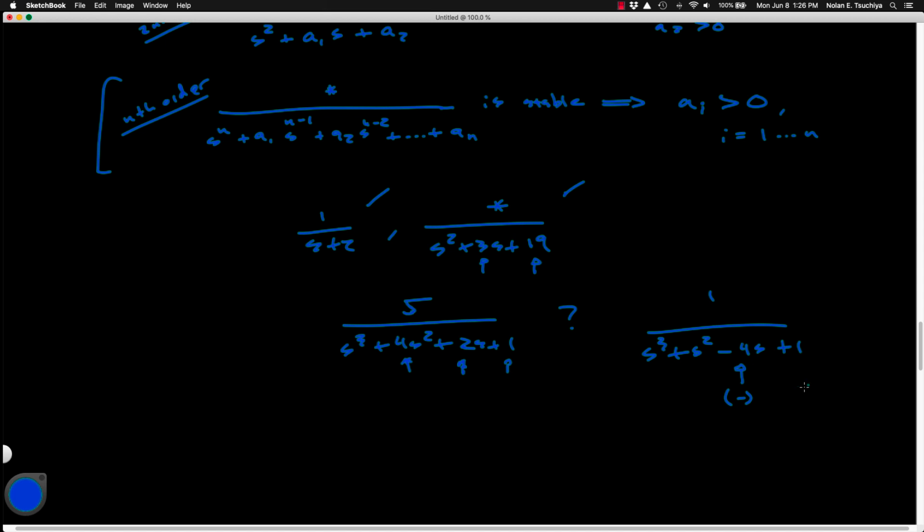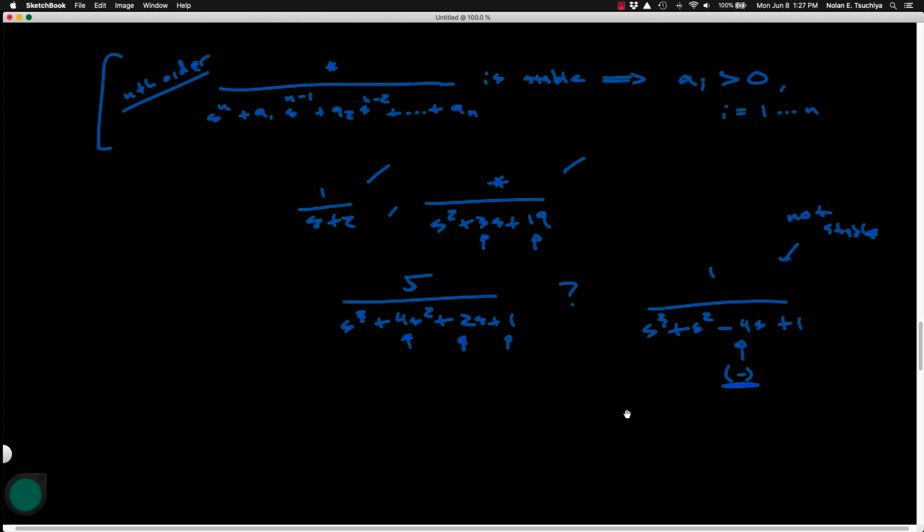This is a negative coefficient, so it does not even satisfy the necessary condition for stability. So I know that this system is not stable, and I don't have to do anything else. You kind of see how that works?